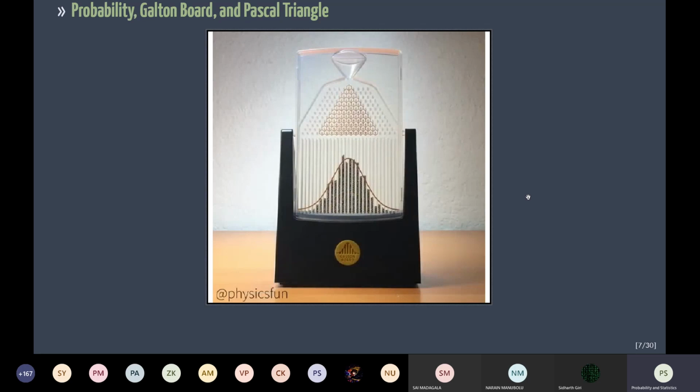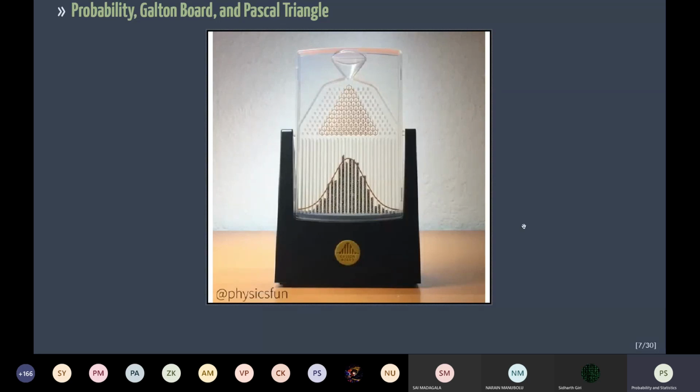Does probability have any role in this? And why is the distribution of these small marbles like this? Why is it centered more towards the center, towards the central beam, and then it decreases as you go away from the center? This is called Galton's board, and we want to study this. Probability has a role to play in this.